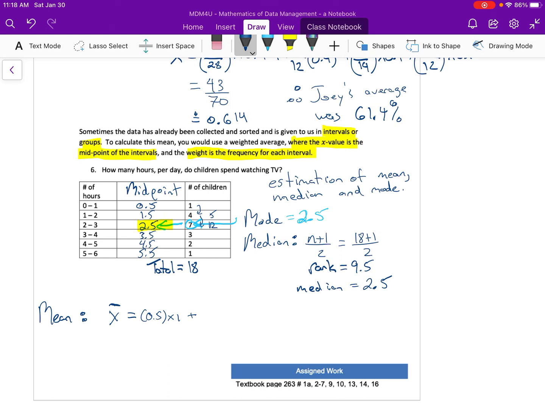And this makes sense because what you've got is the number of times that value occurs. So I could write 0.5 once. The next one I would write 1.5, but I would write it 4 times because there are 4 children that fit there. Rather than write it 4 times, I just say times 4. And then similarly, 2.5, rather than write it 7 times, I'll just write times 7, and so on.